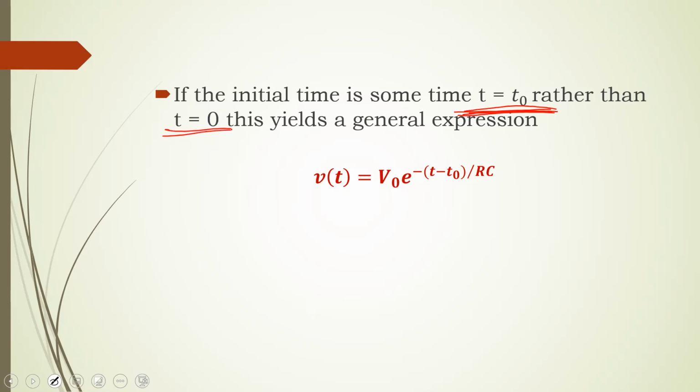So if you are looking at the voltage starting at a time t0 seconds after closing. Because remember, we looked at it at 0 plus, and we said 0 plus was immediately after closing. If you're looking at it at t0, then this is the formula you would use.